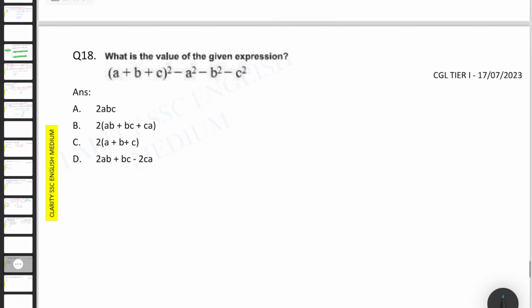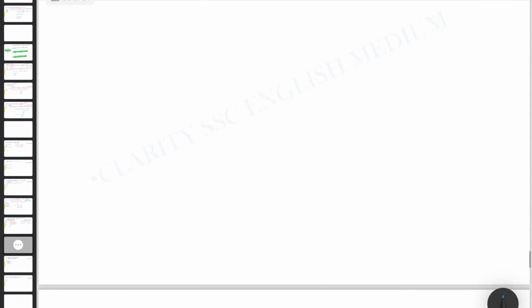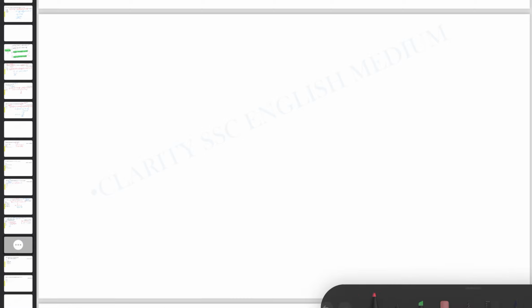Okay, let me write here the concept of square, or the formula of square.